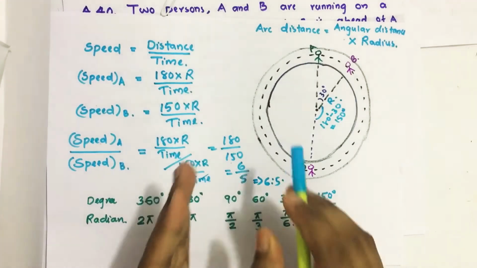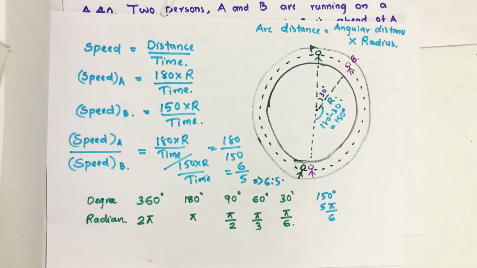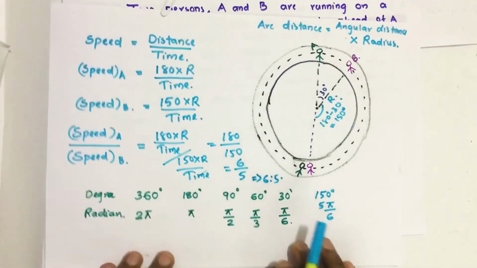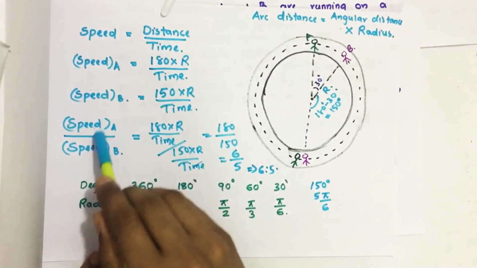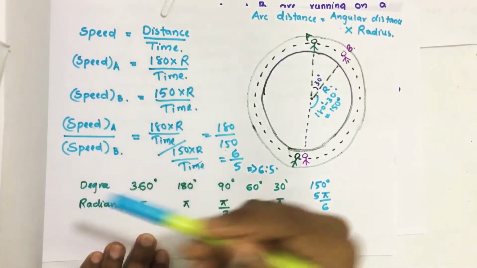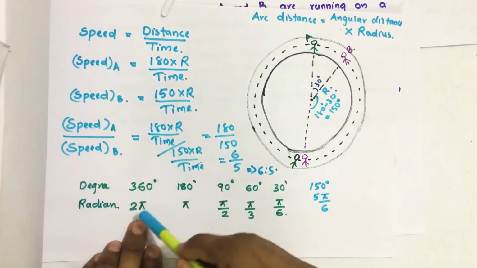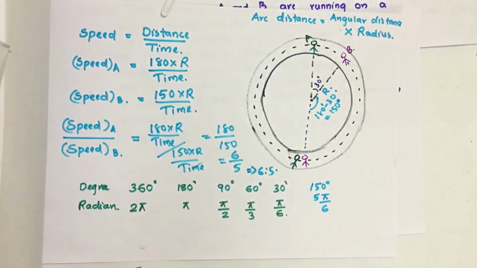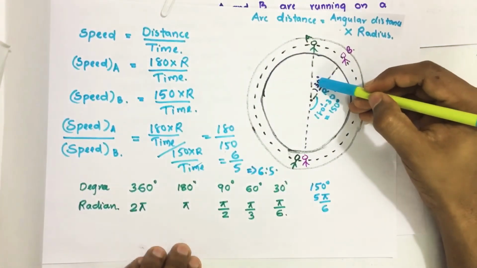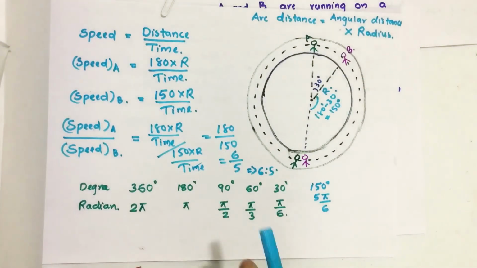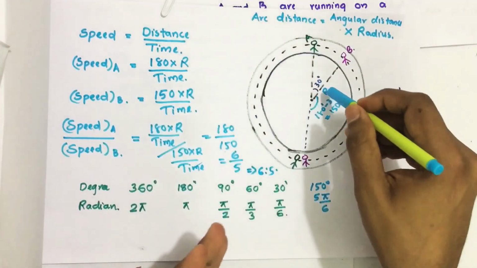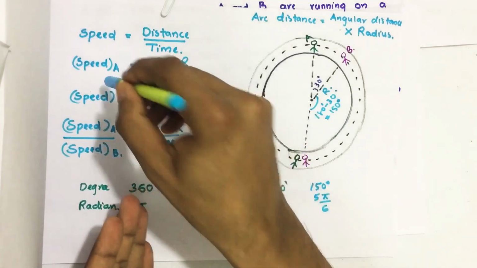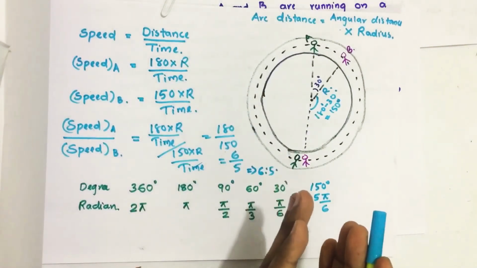Here actually arc distance we usually take in radians, but here we have to find the ratio between two speeds. So even if we take degrees or radians, we get the same answer. Here it is given 30 degrees, so we are taking the speed of A also in degrees.